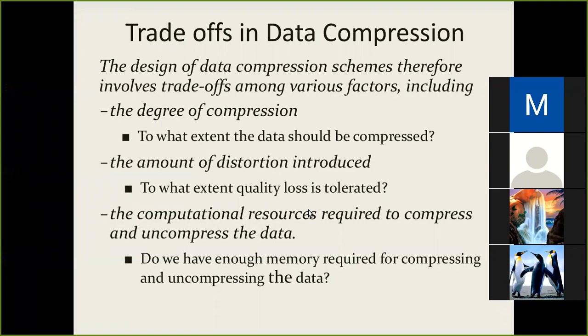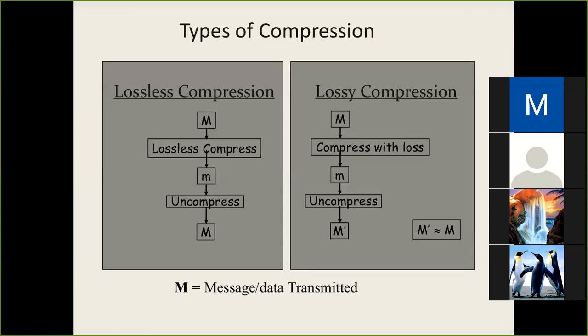So towards that, nowadays, as we said, there are two paradigms in image compression: lossless compression and lossy compression. Why lossless compression and lossy compression? The lossy compression is especially critical for multimedia data.